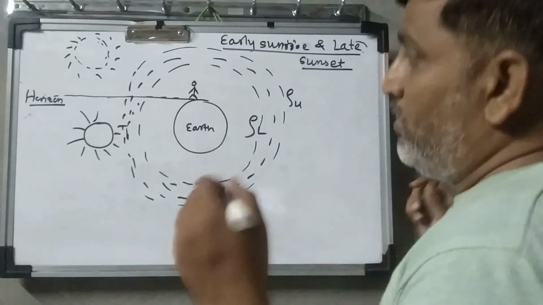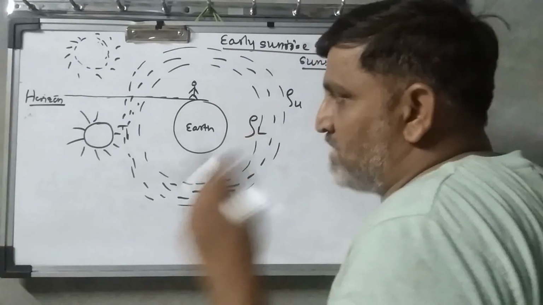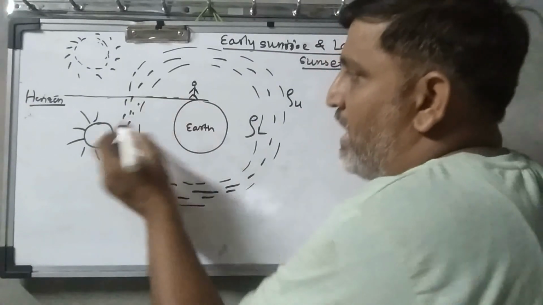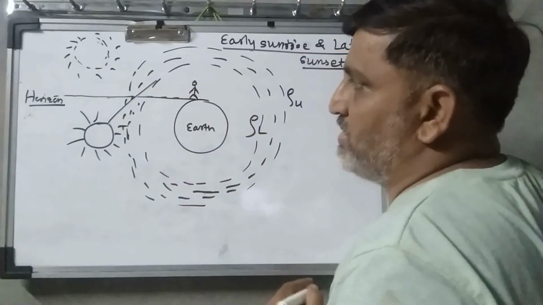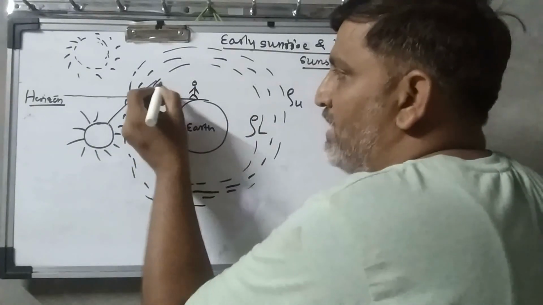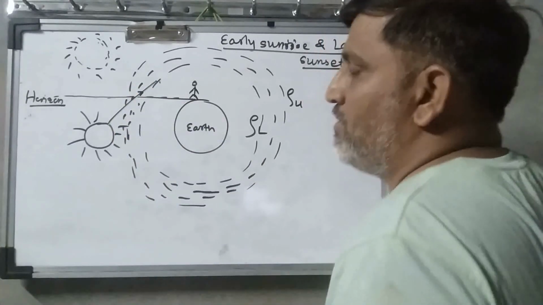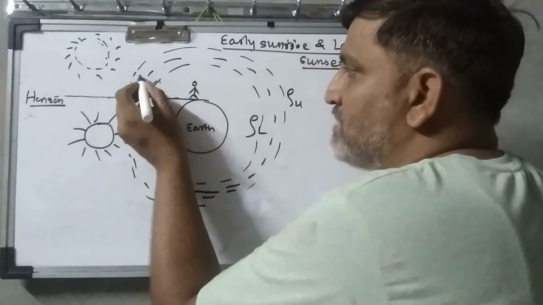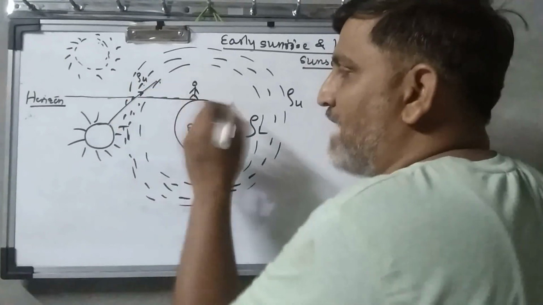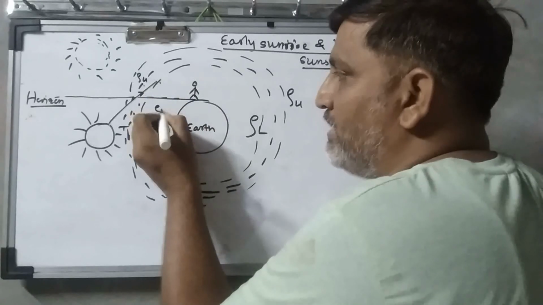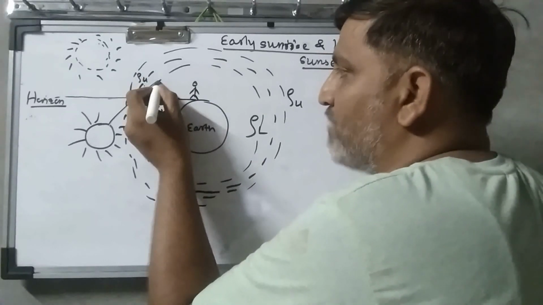Now during sunshine as well as at sunset, the sun is over here and the rays reaching the earth's surface, when they reach one of the layers, the density of the upper layer is lesser than the density of the lower layer, and due to that we find the refraction of light.